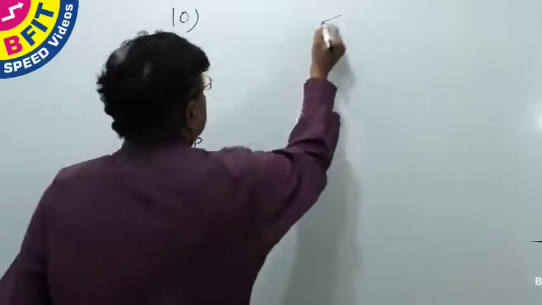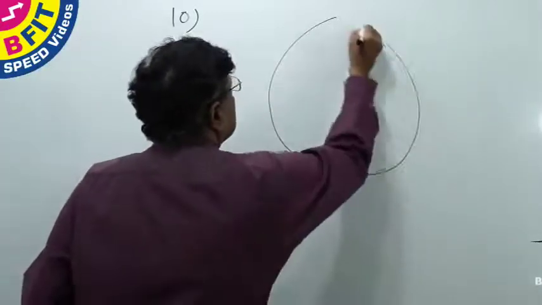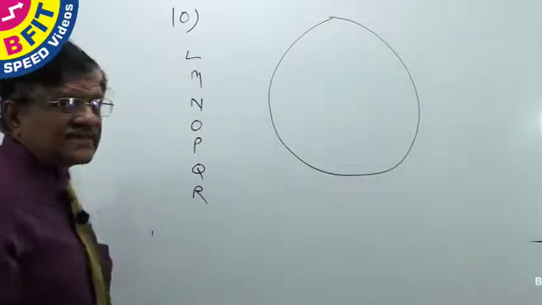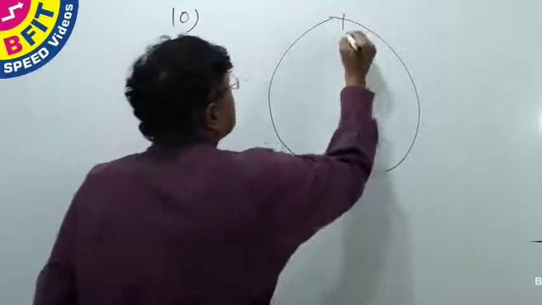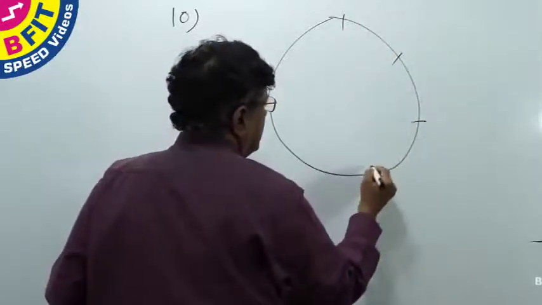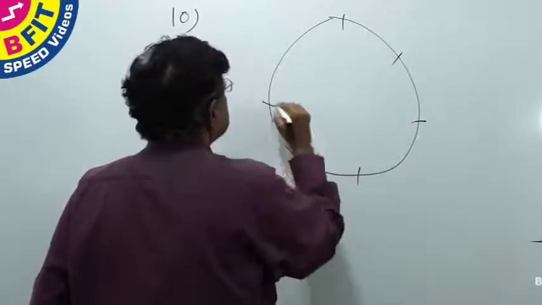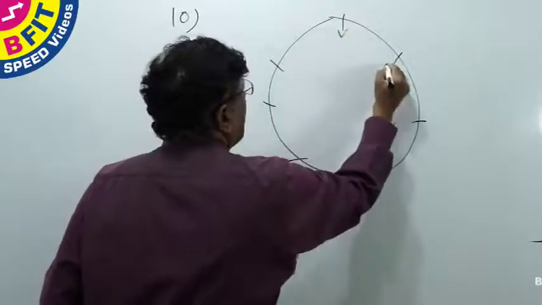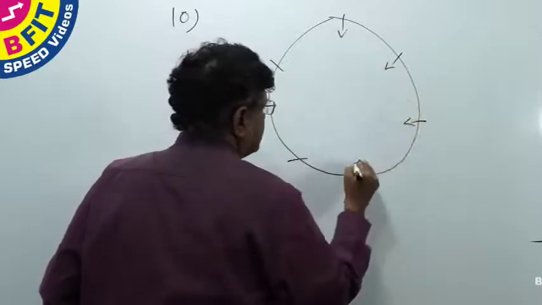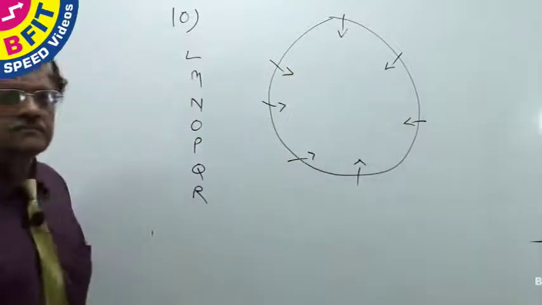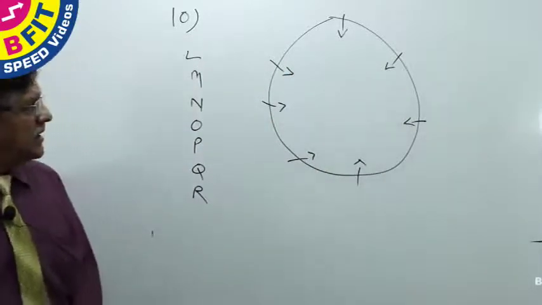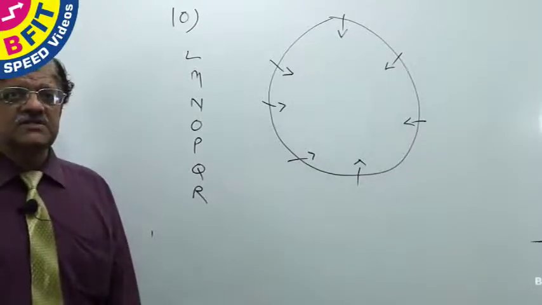Let us draw a circle facing the center. So there are 7 positions you have to create. 1, 2, 3, 4, 5, 6, 7. All of them are facing the center. Now let us try to mark the positions.